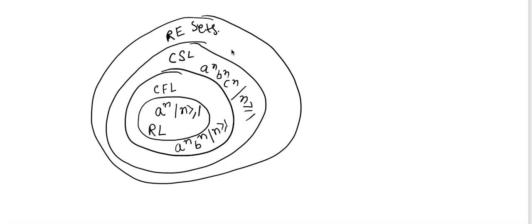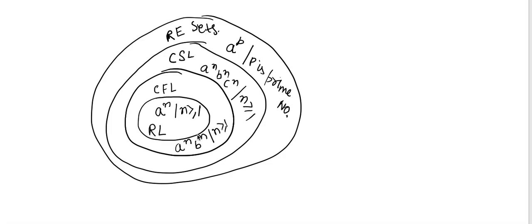And for RE sets, let's see a power p such that p is a prime number. These are the languages which are present overall: regular language, then context free language, then context sensitive language, and then recursively enumerable sets.